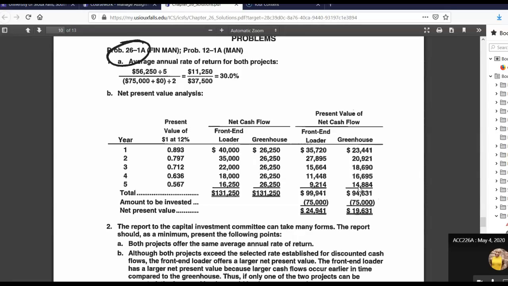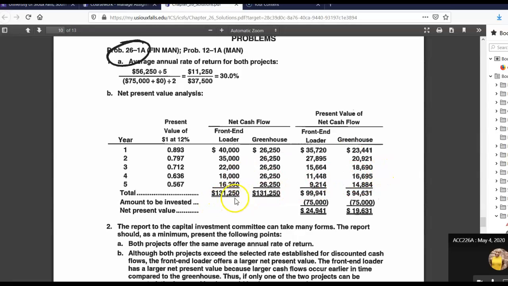I think that's interesting to see, and you should see that it's worth even less the further out it is versus the closer it is to today. Okay? I'm sure that makes sense.